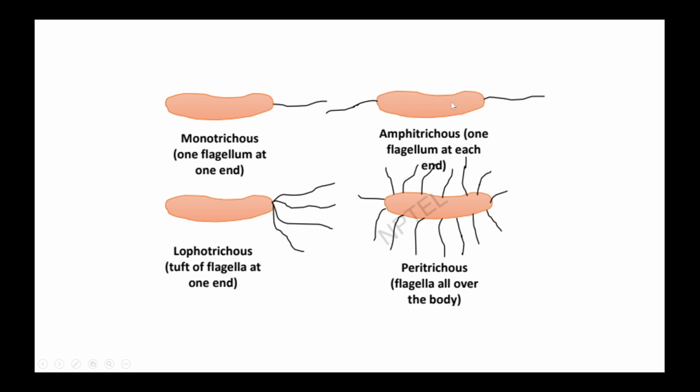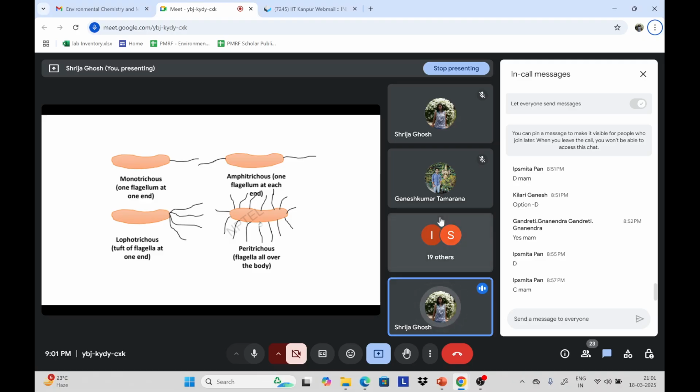Amphitrichous, where two flagella are present, one at each end. Then lophotrichous, where a tuft of flagella is present at one end. And peritrichous, where flagella are present all over the body. Flagella is the structure that helps the bacteria to move. Like we have legs to move, these small bacteria have flagella that help them move.